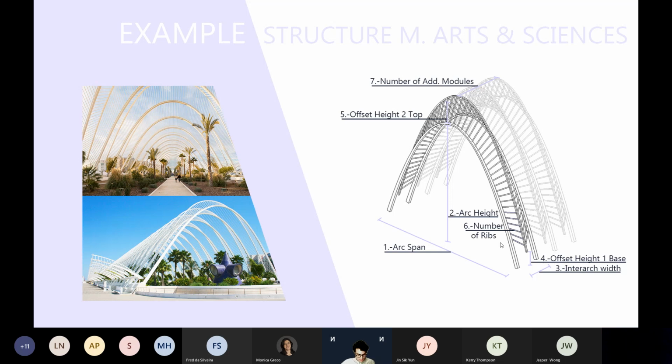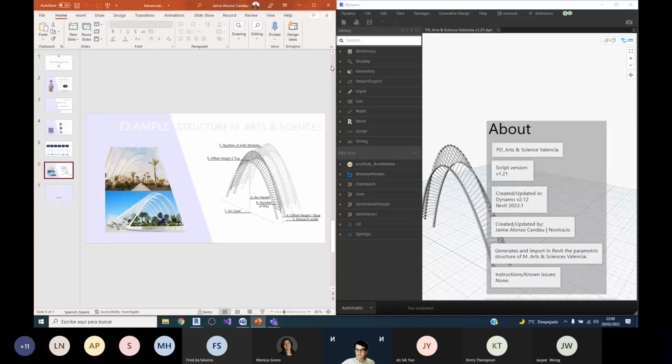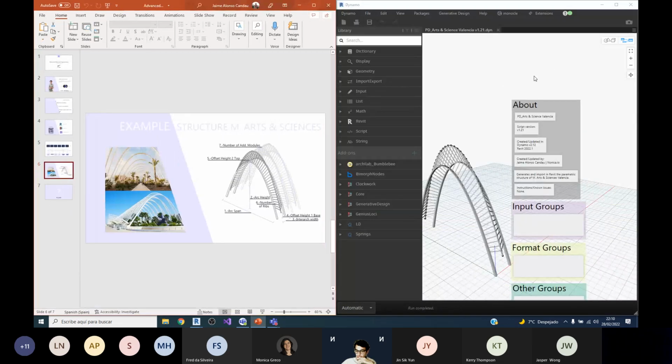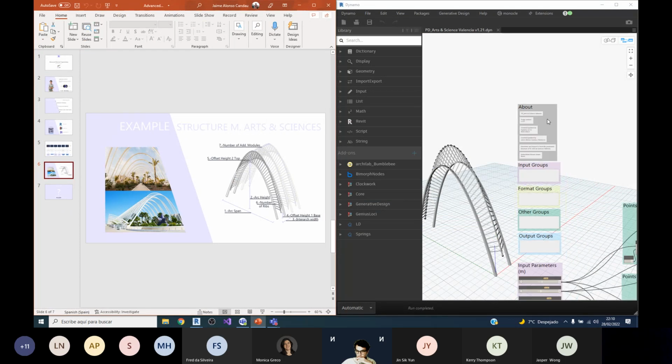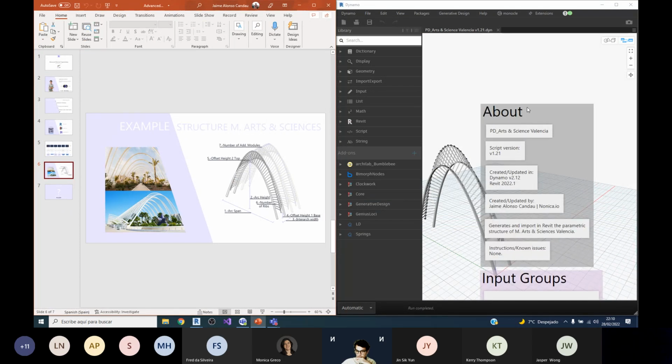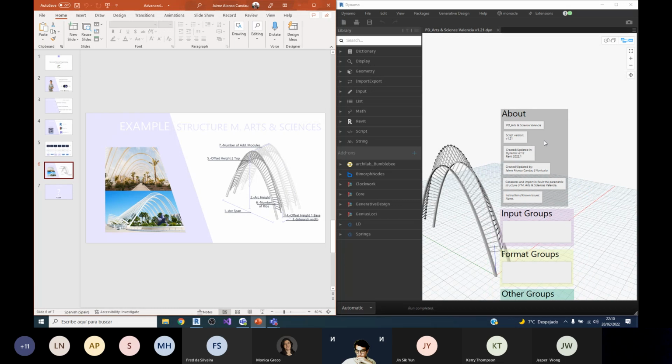So let me open this script. So yeah, this is basically Dynamo. We usually work with these templates that are quite useful for someone who is new to the script.